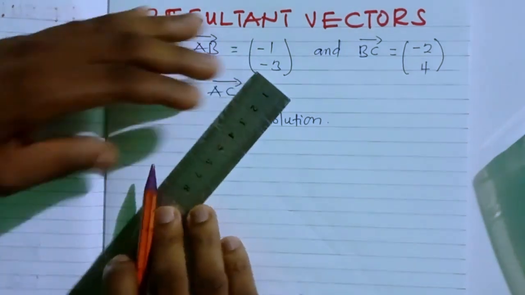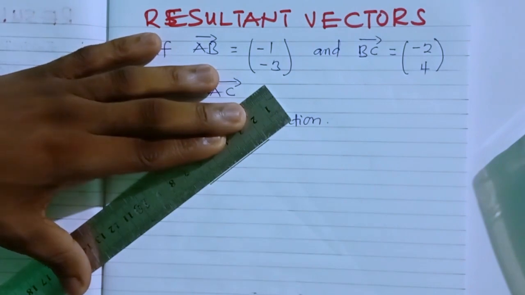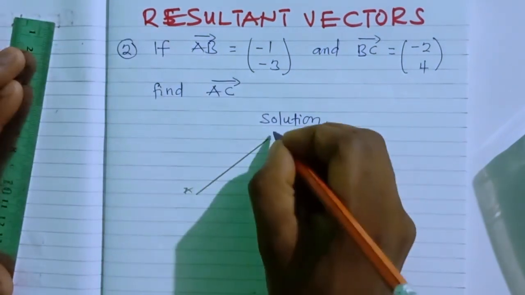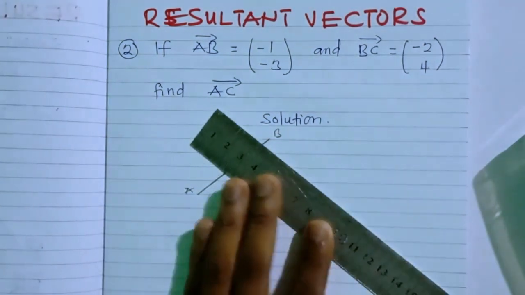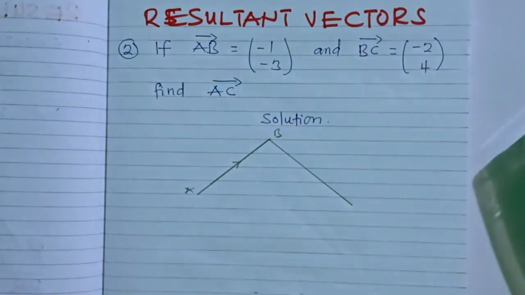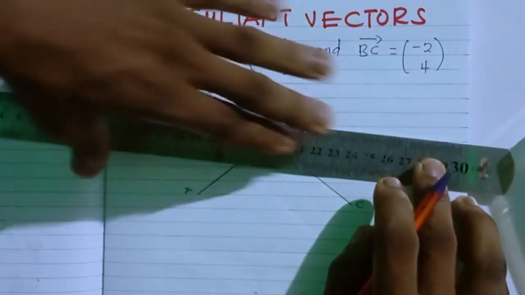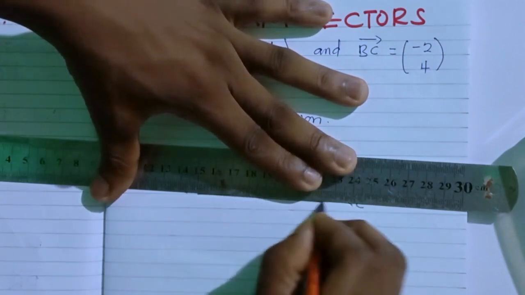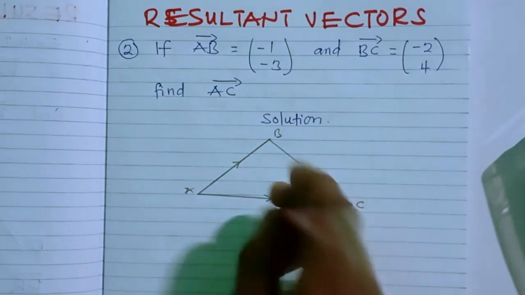I'll draw my diagram. I have this for AB with my arrow. Then I'll need BC with the arrow, and my third side will be this.